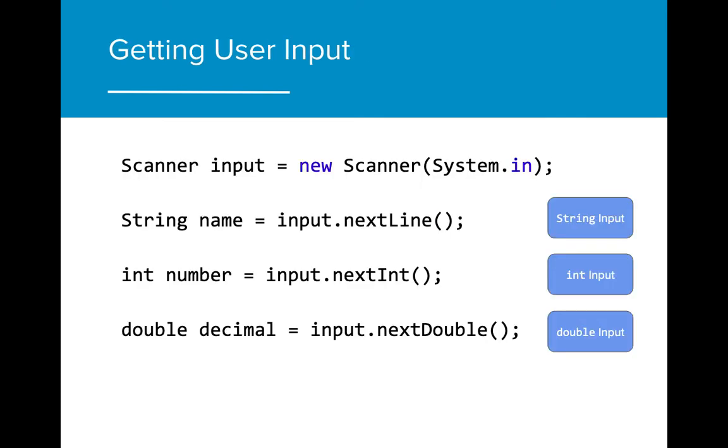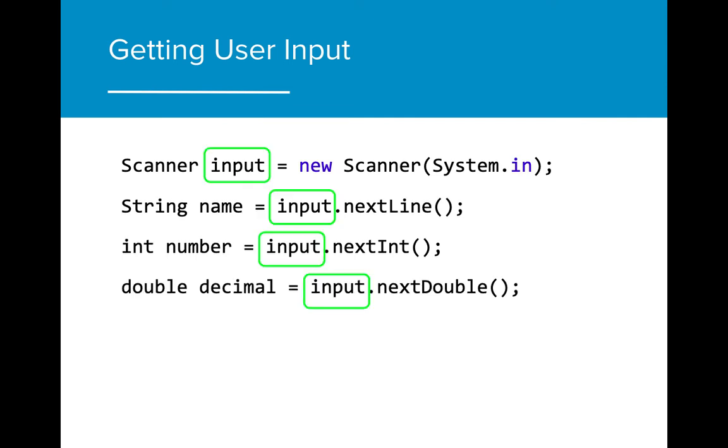In order to receive input from the user, we must create a new variable that takes the assigned value of the Scanner variable.nextValue. Each data type has its own corresponding next command that will allow the program to receive the input value. In order to get user input, you must use the Scanner variable that you created followed by the .nextValue command.